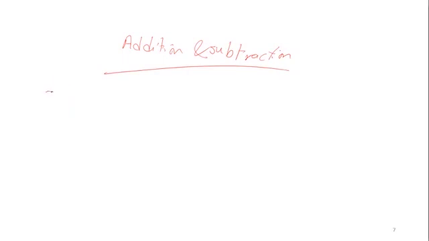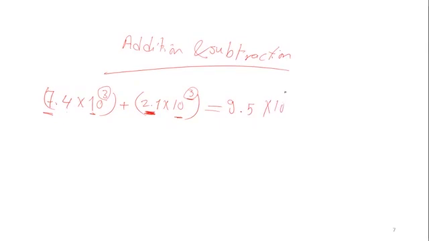If I have an example like 7.4 multiplied by 10 to the power 3 plus 2.1 multiplied by 10 to the power 3, here the power of 10 is 3 in both, so there is no problem with that; they have the same exponent. If they have the same exponent, I can just sum the individual numbers on the left, which means 7.4 plus 2.1, which equals 9.5, multiplied by 10 to the power 3.